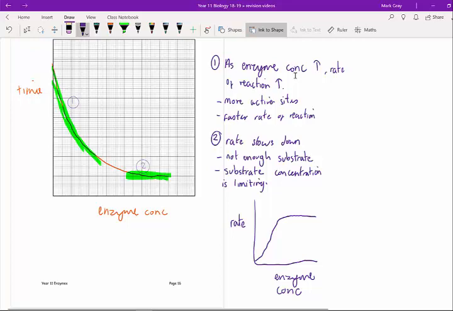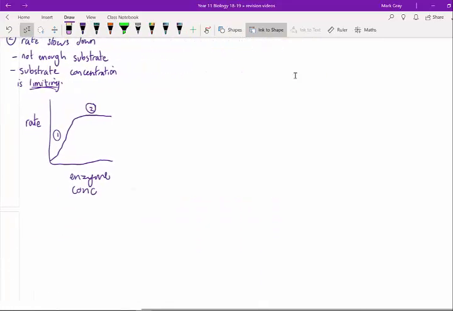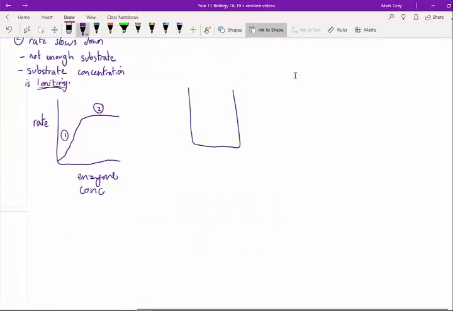It's the same thing. As enzyme concentration increases, rate of reaction increases, because there's more active sites free, so there's a faster rate of reaction. But when we get to 2 here, rate slows down because there's not enough substrate, so the substrate concentration is limiting.